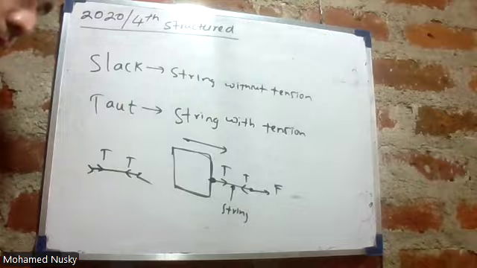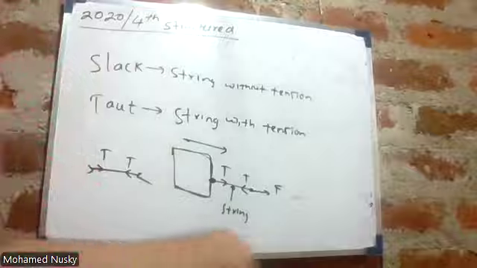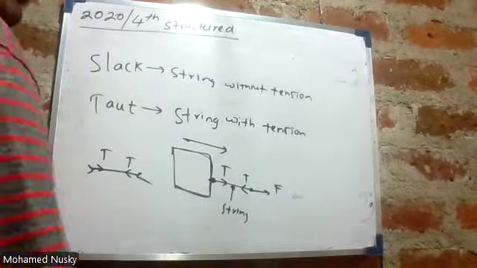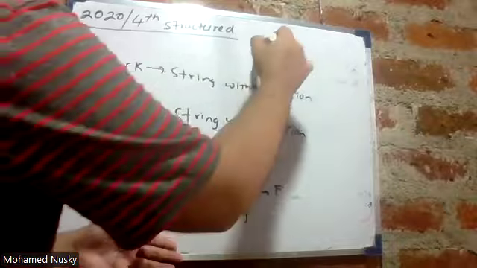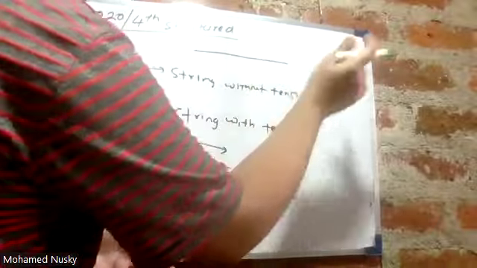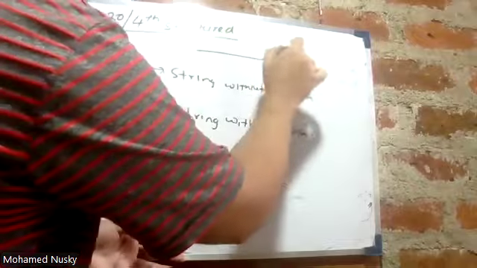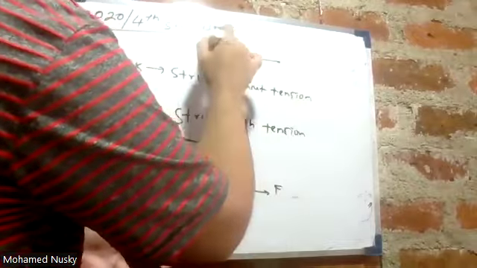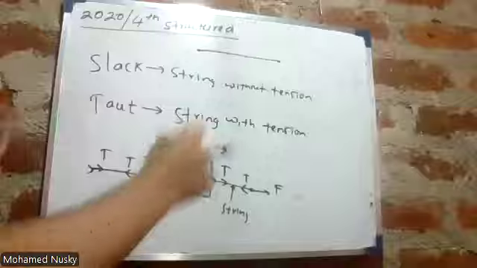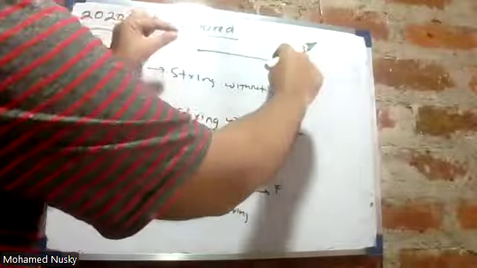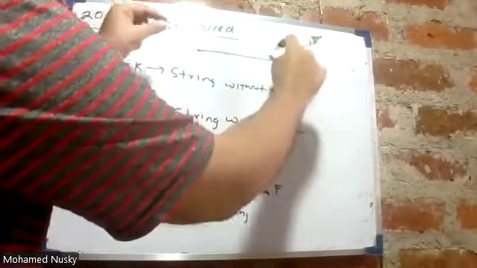Now, what is this slack string? String without tension. Here, I have a very long string, and I'm not giving any force to this. I'm not stretching it. I'm just keeping it. I'm going to just touch it.